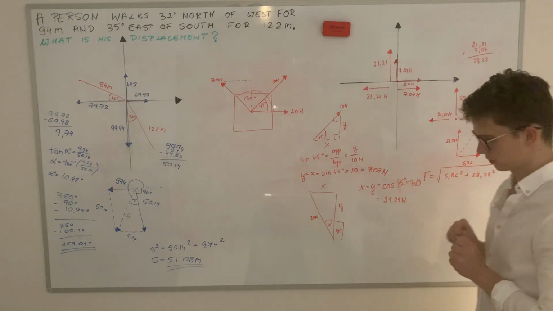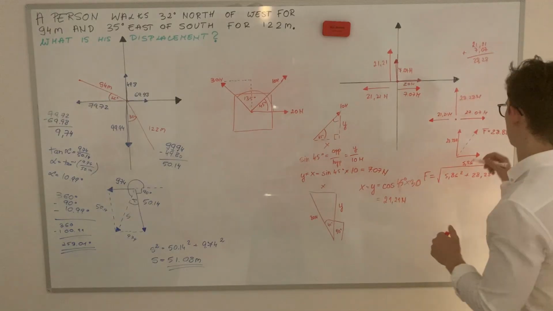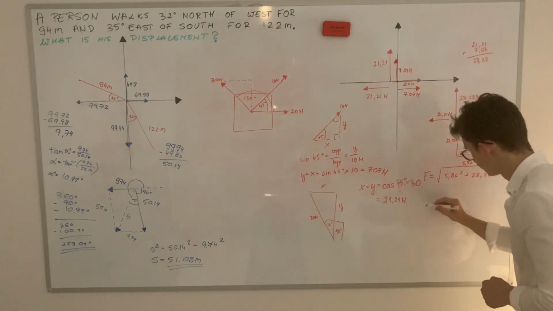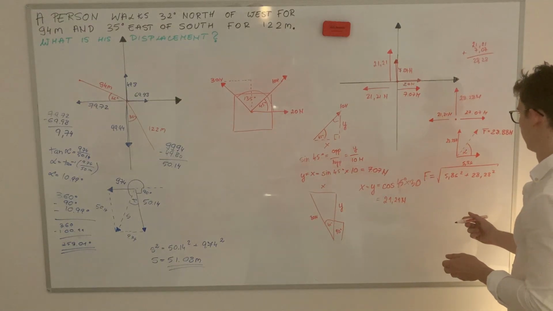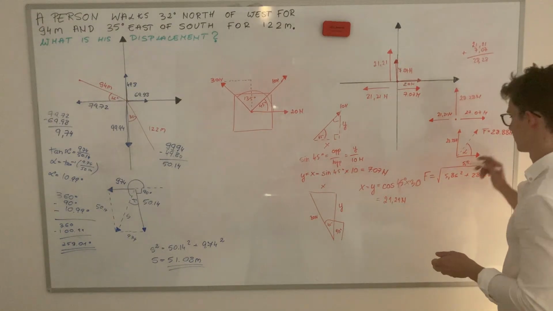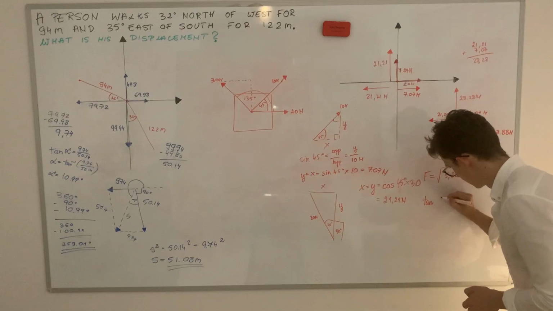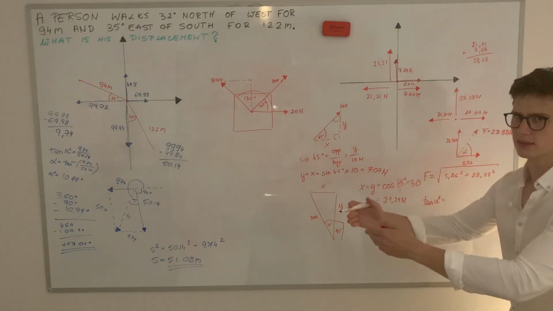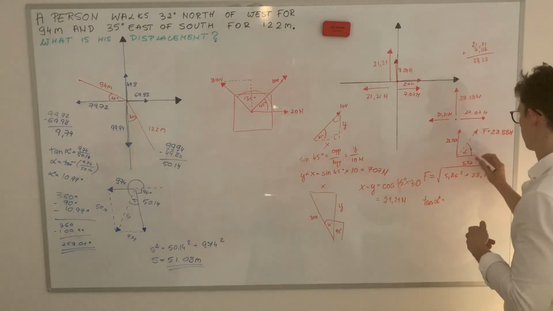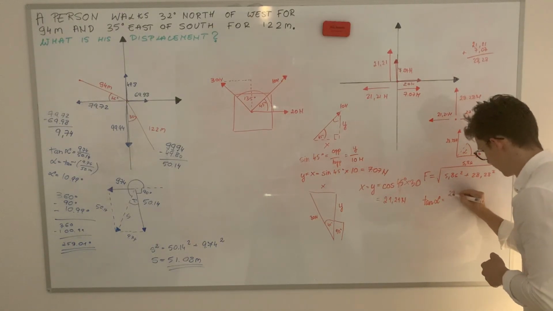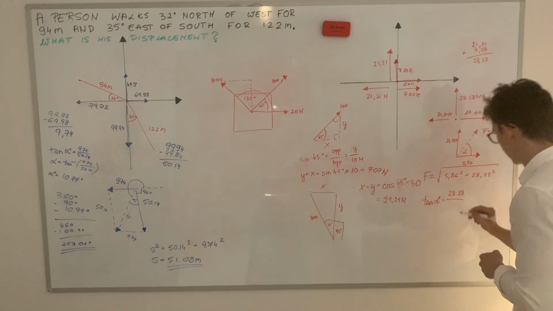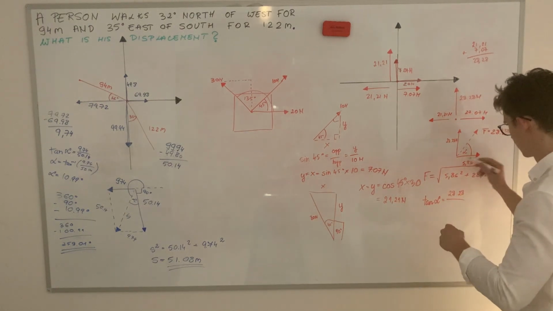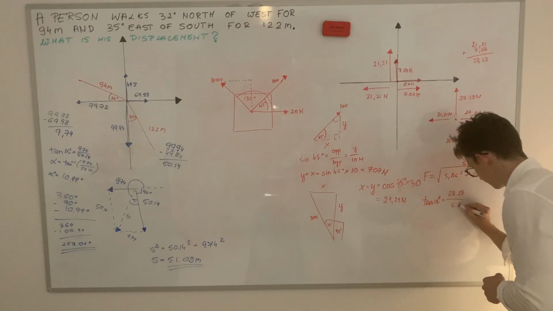Okay, are we done? No, we're not done yet, because we need to find the direction. We need to find our angle alpha. How can we find the angle alpha? We know all three sides. We always use the tangents, so let's use tangents. Tangent of our angle alpha is going to be opposite over adjacent. The opposite side is going to be 28.28 divided by the adjacent side, which is 5.86.